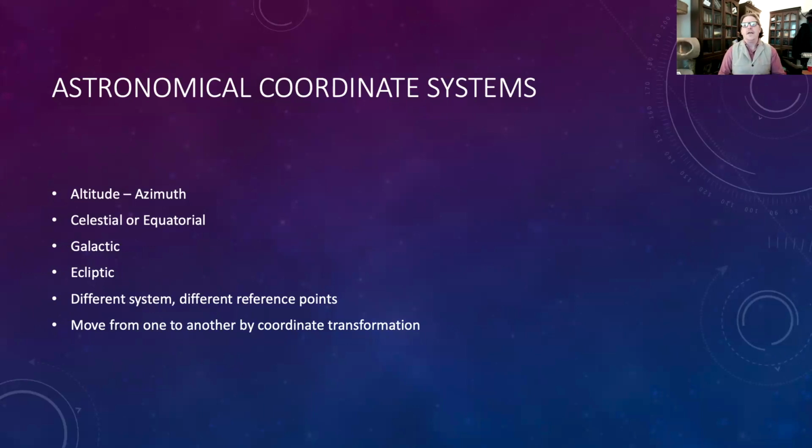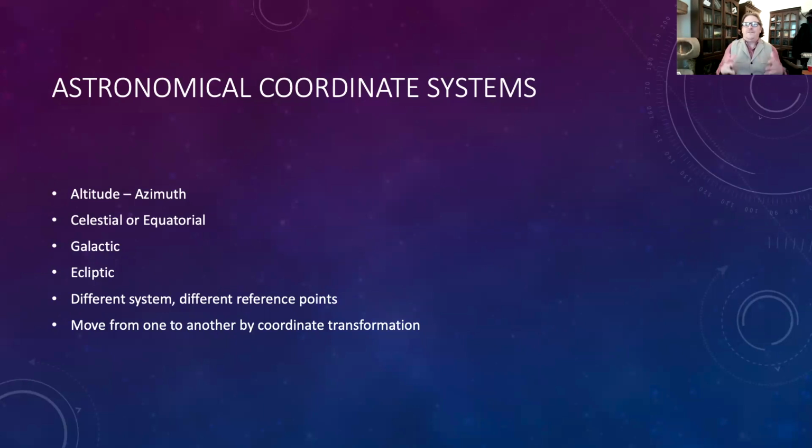If you are a galactic astronomer, galactic with a capital G, meaning that you are interested in the fundamental structure of the Milky Way galaxy, you're more likely to use the galactic system. If you're a solar system astronomer or a planetary geologist interested in the planets or the moon or comets or asteroids, more than likely you will use the ecliptic system.